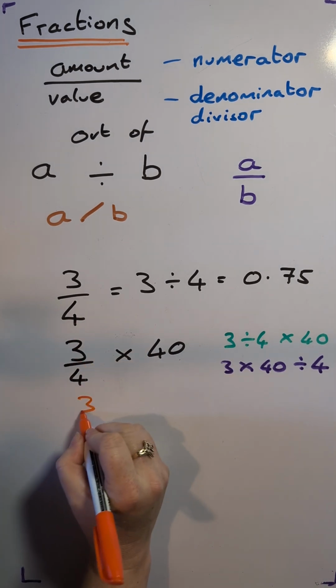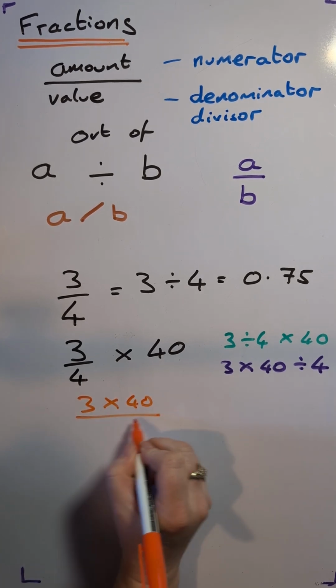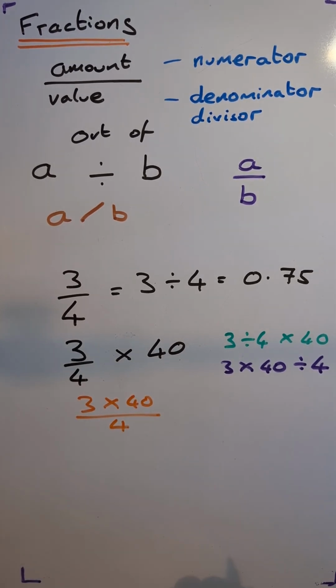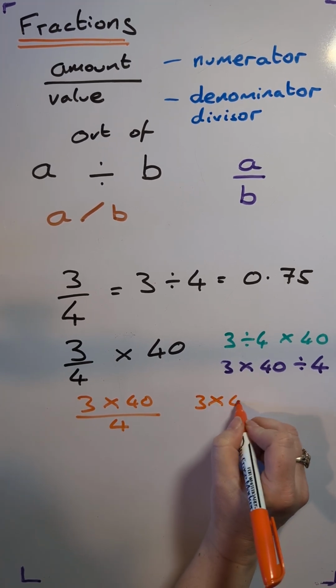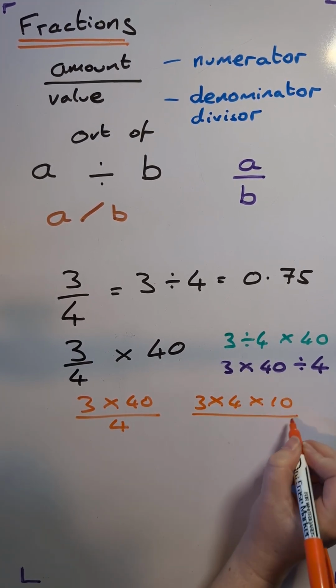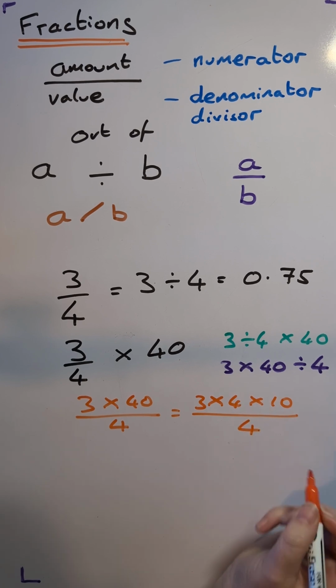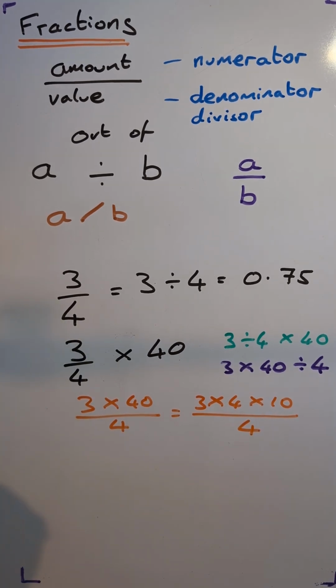So if I'd written it as 3 times 40, all divided by 4, I can say, okay, 40 is the same as 3 times 4 times 10, all divided by 4. Now I have a 4 on the top and a 4 on the bottom.